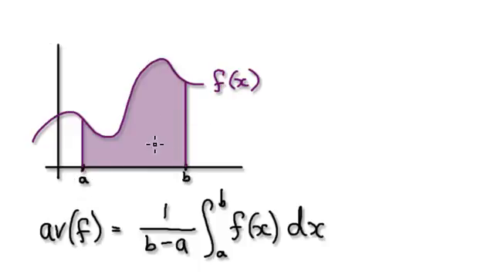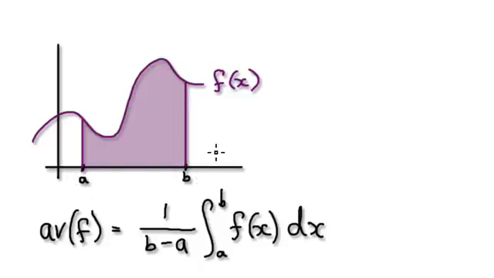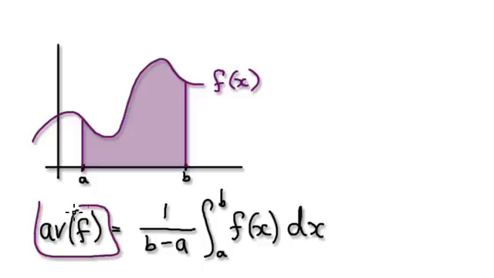Well, the point is that if you get the whole area and then divide it by the width, it's going to give you the average height. So the average height is given by getting the whole area and dividing it by the width, and that will give you the average height of the function.